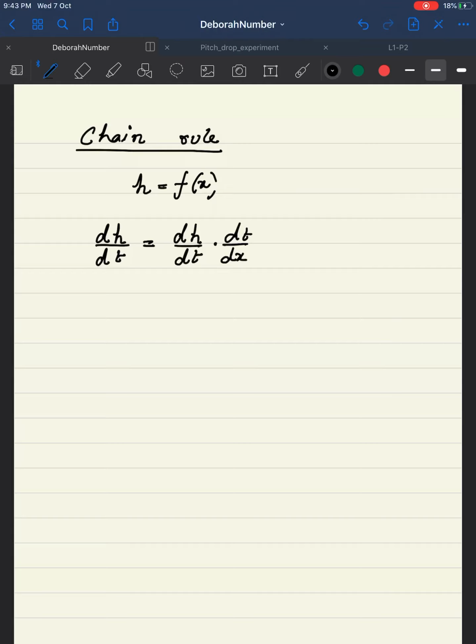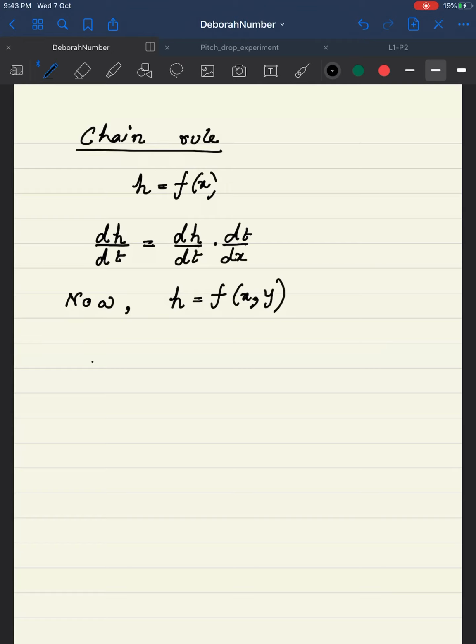Okay. So, now we ask the question, what happens if h becomes a function of two variables? Then how do you do the chain rule? What is the appropriate formula for that?